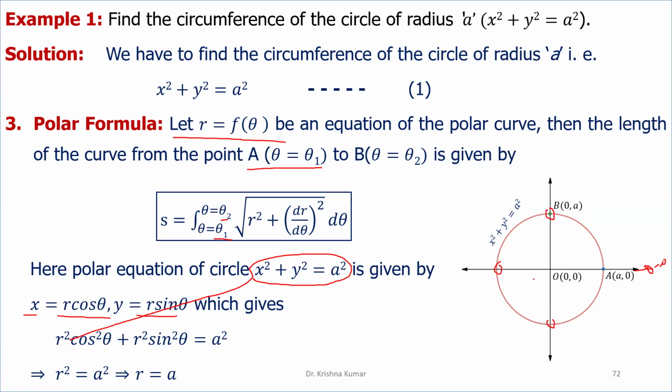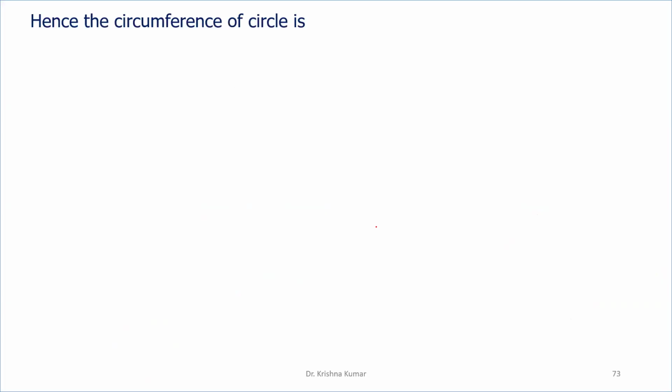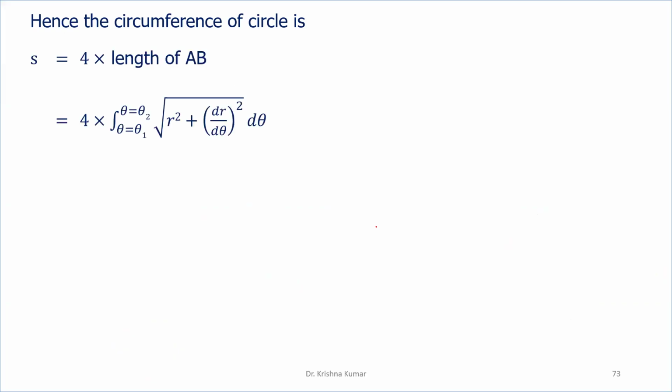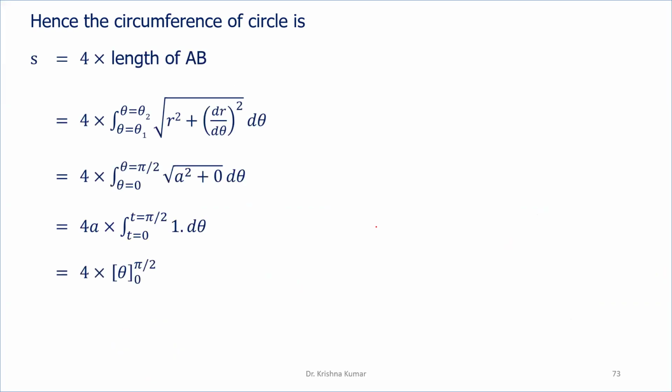So instead of finding the whole length of the circle, we only find the length of the circle in the first quadrant, and if we multiply this by 4, we get the circumference of the circle. So the circumference s is equal to 4 times the length of AB.